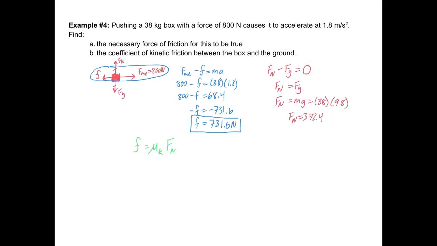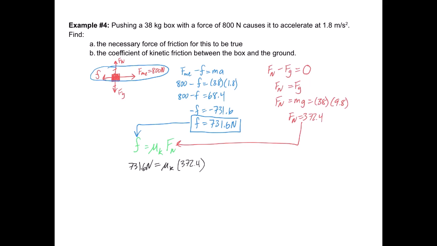Now we can put the friction into this equation right here, and we'll take the normal force and put it into this one right here, and we end up with an equation that is 731.6 newtons is equal to the coefficient of kinetic friction times the normal force, which is 372.4, and we just divide 731.6 by 372.4.